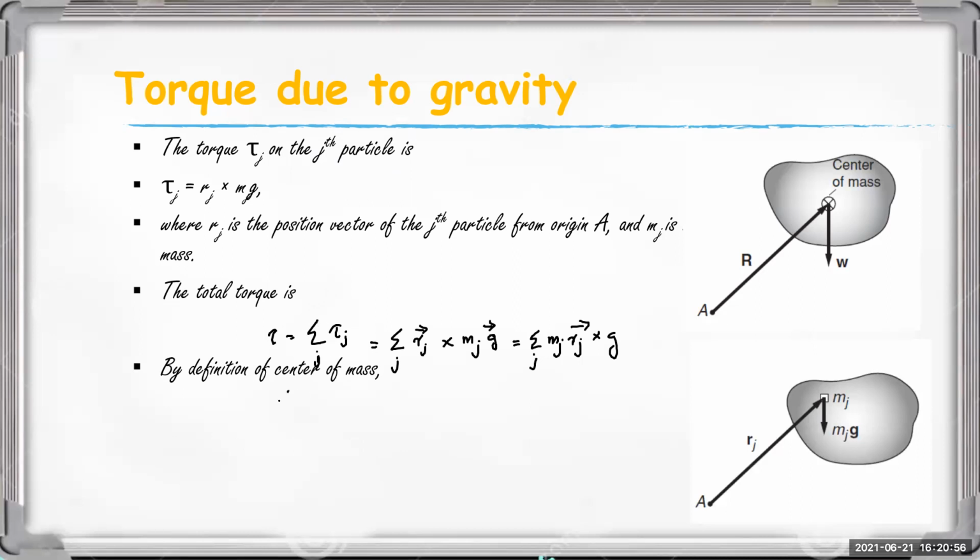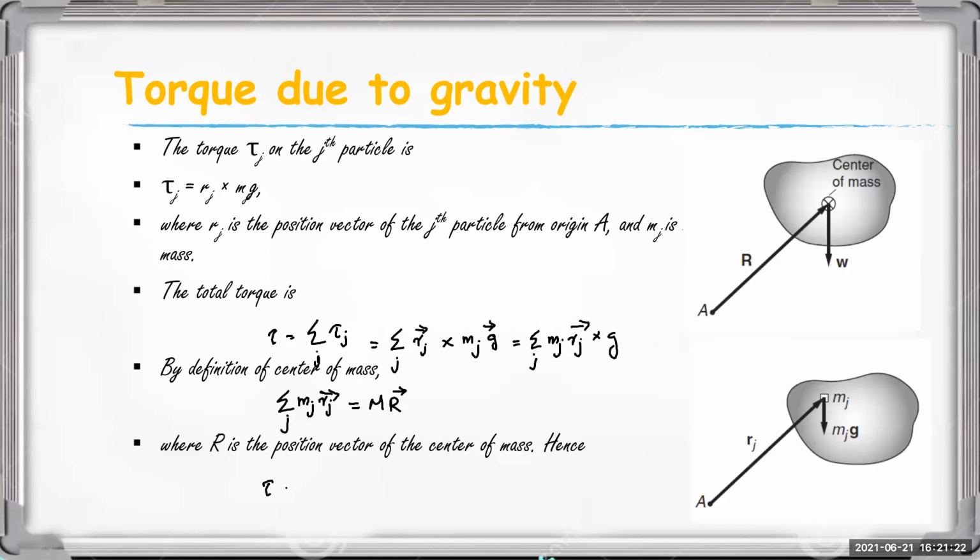We know that summation j mj rj is equal to capital M into R vector, where R is the position vector of the center of mass. So we substitute that quantity here. Then tau is equal to M R cross g.